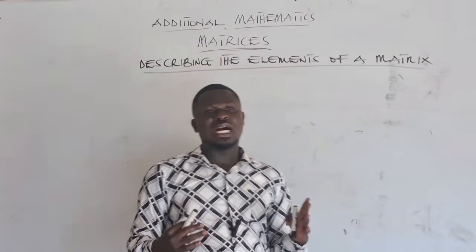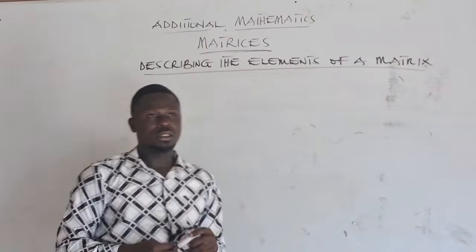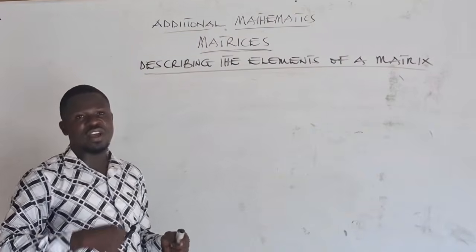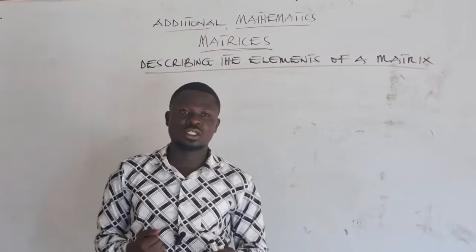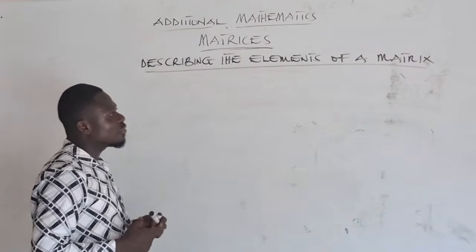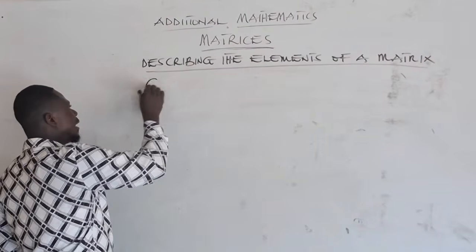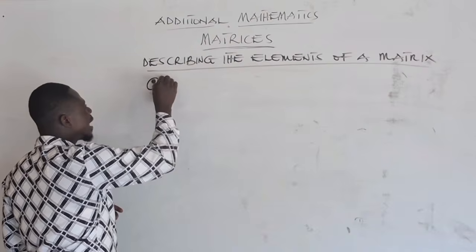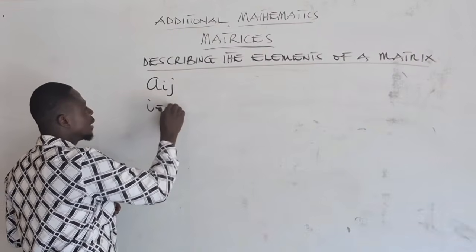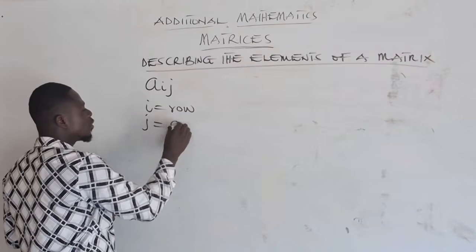Now that we know how matrices are described, we should also know how the elements of a matrix are described. Generally, the elements of a matrix are described by A subscript I, J, where I is for row and J is for column.